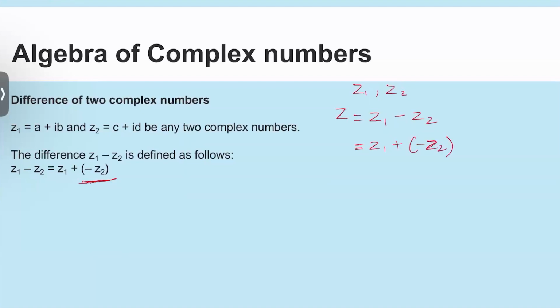Let's try this with the examples that we had taken. Z1 equals 8 minus 3i, and Z2 equals 3 minus i. If we want to find Z1 minus Z2, we get 8 minus 3i, and we put in the additive inverse of Z2, which is minus 3 plus i.